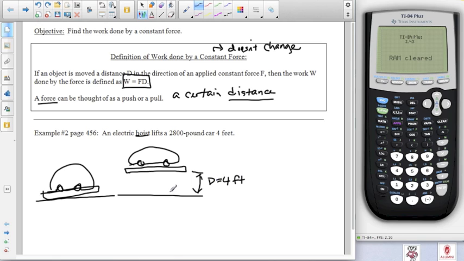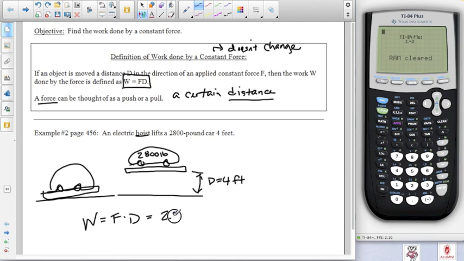And the amount of weight is what we're lifting. So we're going to lift the 2,800 pound car by applying a 2,800 pound force. And so to find the work that's associated with lifting that object that far, since neither of these values change, we apply the same force throughout the entire distance moved.